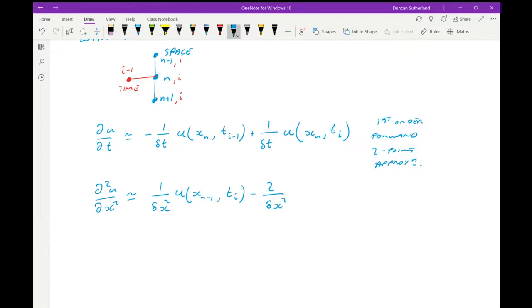This is a spatial approximation, so it'll have delta x's instead of delta t's. Like so.